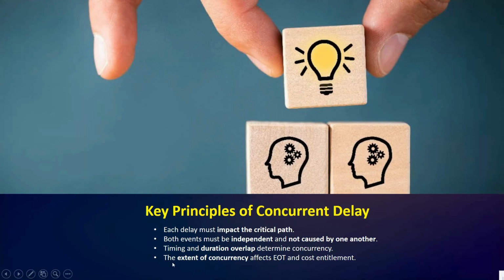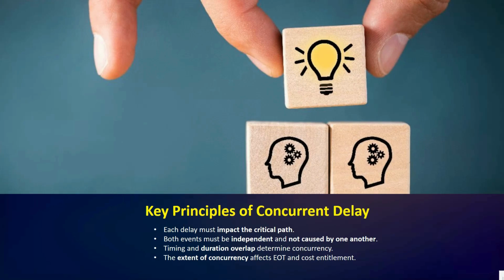Then we have the extent of concurrency, which affects EOT and cost entitlement. First, both events must affect the critical path, not just secondary or non-critical activities. Each event must be independent, meaning one did not cause the other.